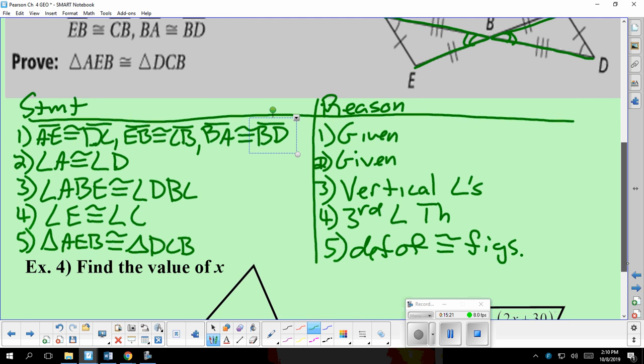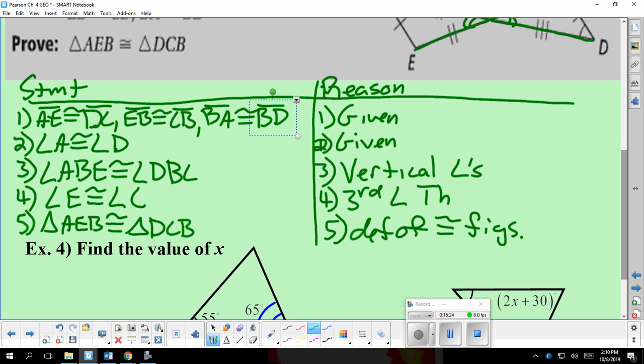So, whenever I have two shapes, if I can show all sides are congruent and all angles are congruent, the two shapes must be congruent. What does that say? The definition of congruent figures.